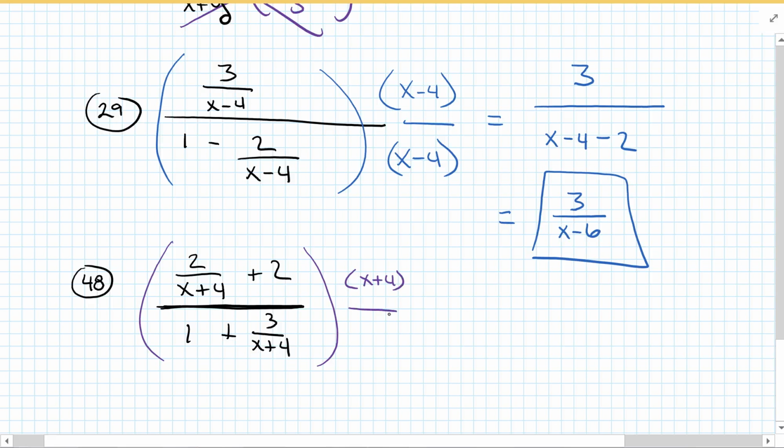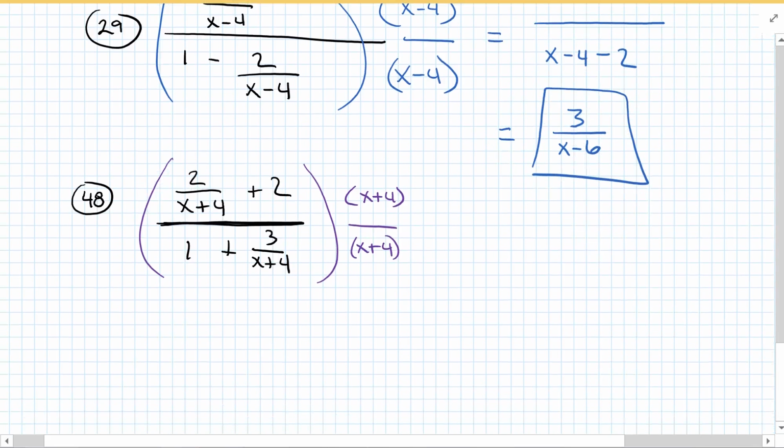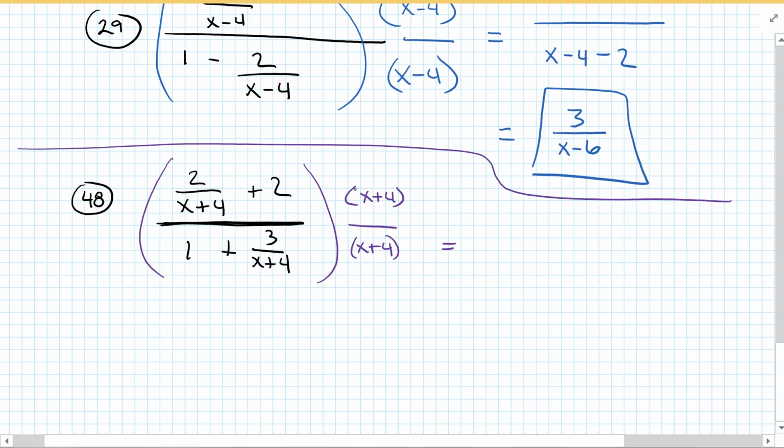(X plus 4) over (x plus 4). So what's going to happen? When we multiply x plus 4 to the first term, we're just going to get 2. The second term, we're going to get 2 times, and I'll leave it in factored form for now, 2 times (x plus 4).